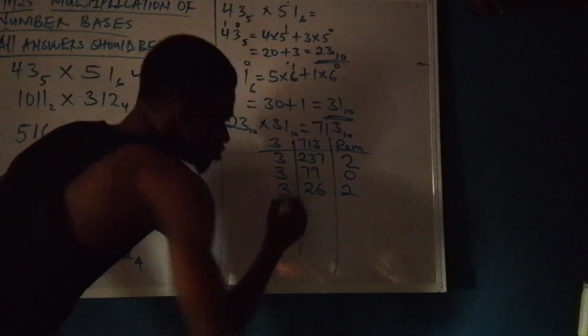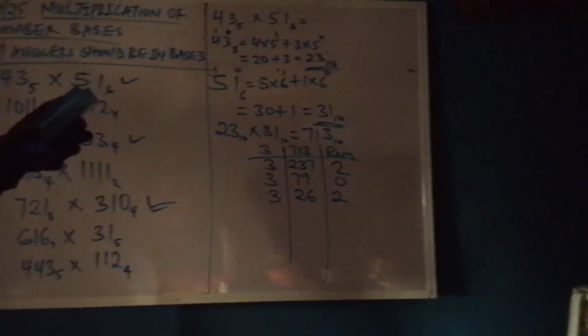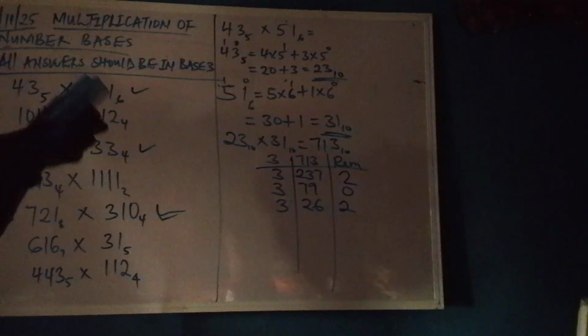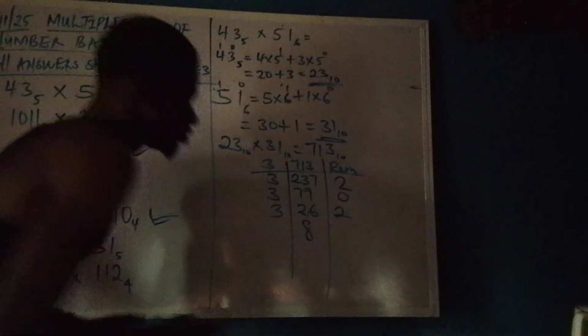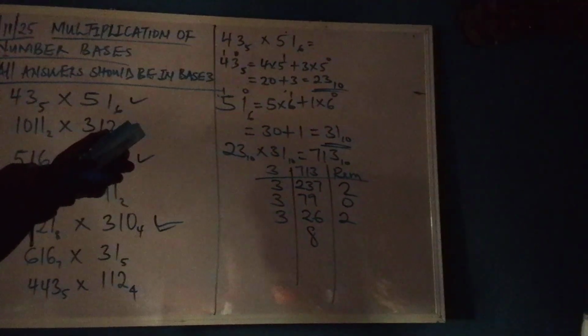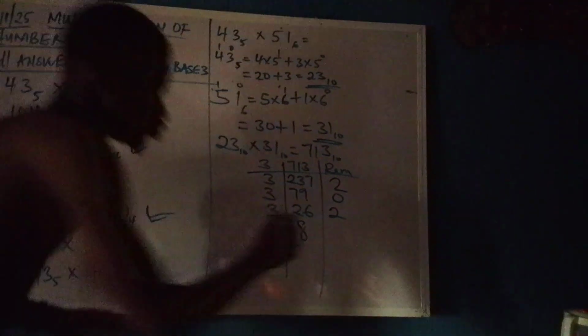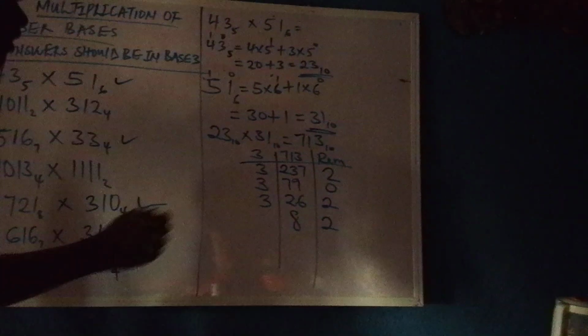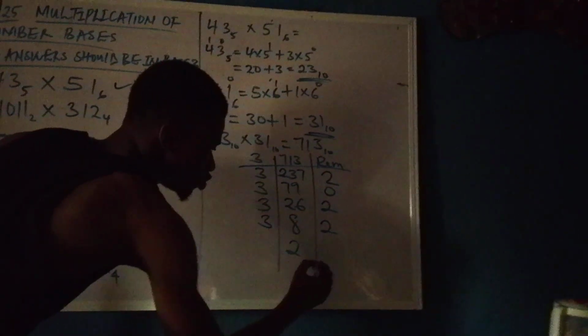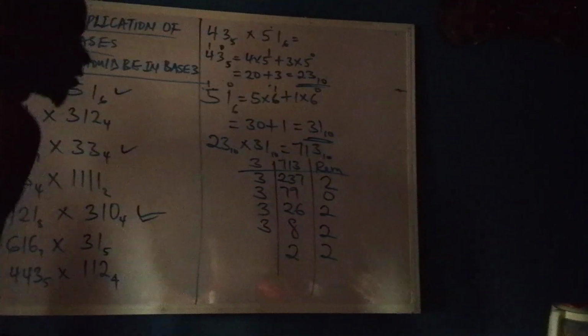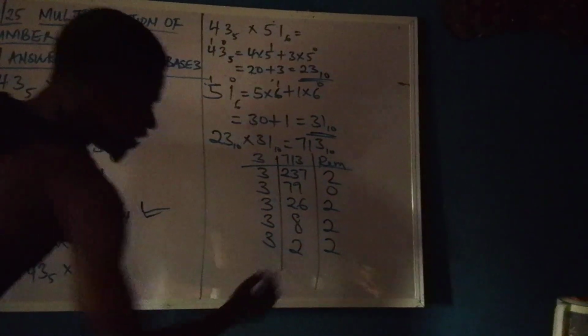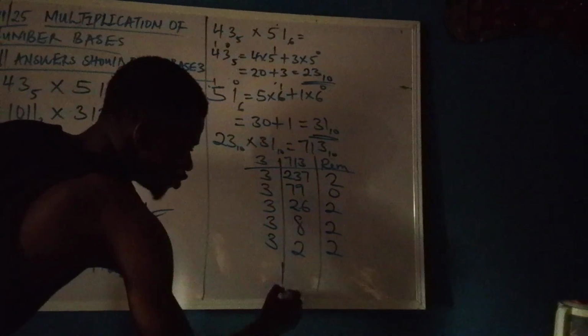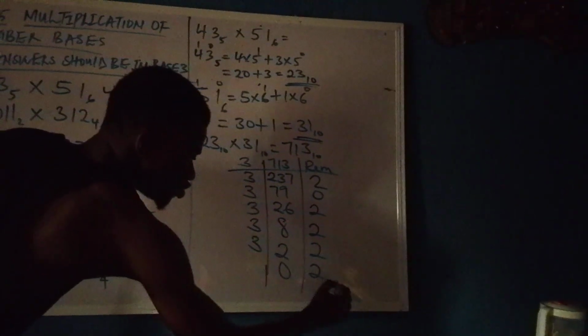So 26 divided by 3 again will give us 8, remainder 2. So 8 again divided by 3, we are going to have 2, remainder 2. Then 2 divided by 3 again, we're going to have 0, remainder 2.